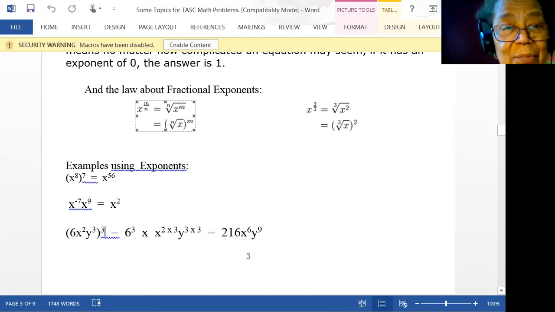And remember, we said we multiply the exponent outside by the exponents inside. So 6 to the 3rd power is 216. X to the 2nd times 3 is x to the 6th. Y to the 3rd times 3 is y to the 9th. Just remember, if you have a coefficient, you have to raise that coefficient to the power that's outside the parentheses.